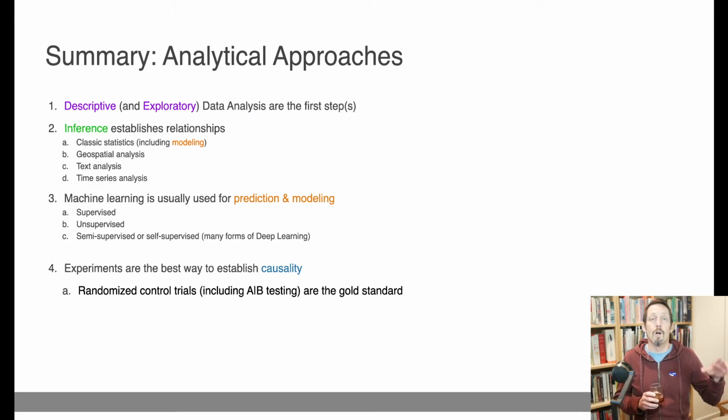We're going to have a group of control diabetics who don't get a medicine. They just live their lives as they already are on insulin. And we have a group of treatment diabetics who are going to get this new medicine.